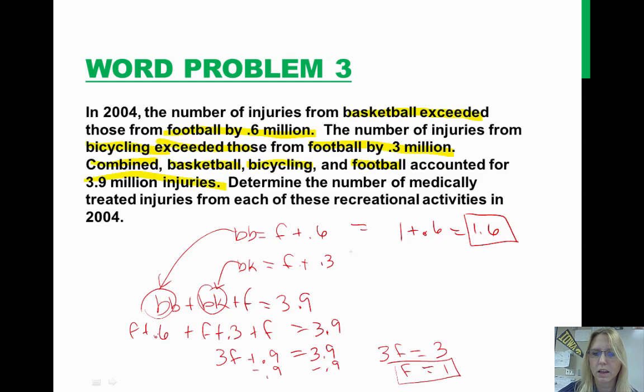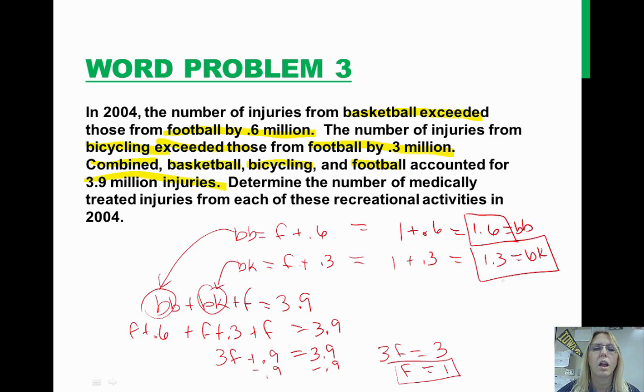And for biking, if I plug that in, it's 1 plus 0.3, which is 1.3. This is for biking. This is for basketball. Now if I said there was only 1.3 injuries, that wouldn't be right, because you can't have 0.3 of an injury. But we got to remember we're talking about millions. So this seems pretty accurate. We can go back and check our work, but this is a good problem and we've got a good answer here.